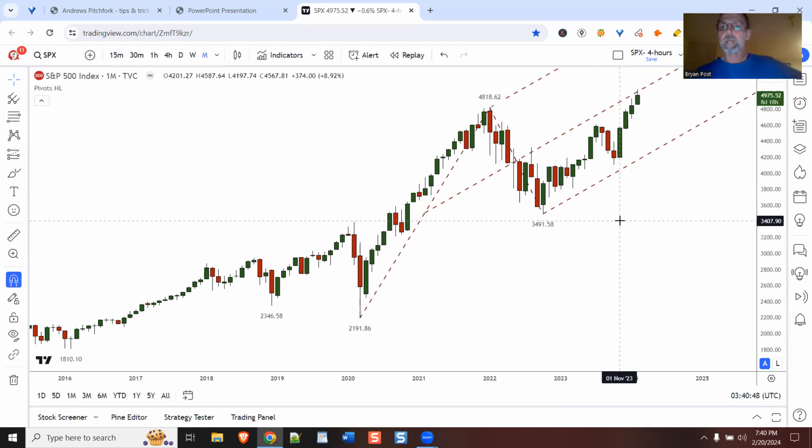So here's an example of price doing exactly what Dr. Andrews taught, that in a valid fork, price will rise or drop to reach the median line. And of course, we're in the monthly time frame, so there's a lot of action encompassed in any one of these individual price bars. But that's where we're at right now, price pushing into resistance at the median line of this fork.